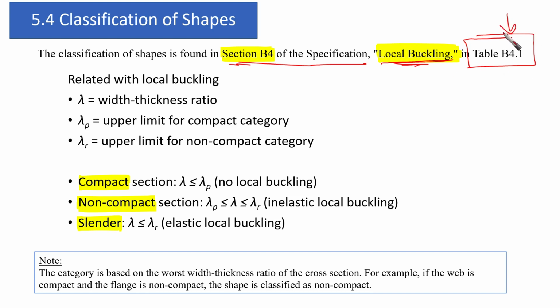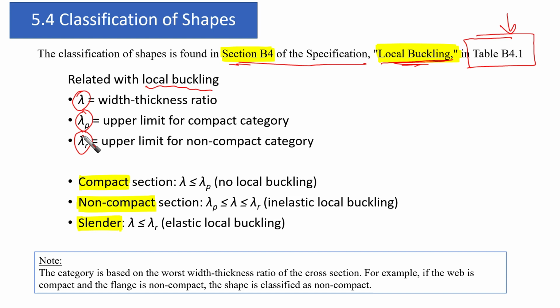Stop the video and check your specification or your manual, chapter 16 for the specification. You're going to find that related to local buckling, there are some parameters that you need to understand whenever you're dealing with the classification of shapes, because they are going to be controlling parameters to judge your shape. What is the type of your shape?